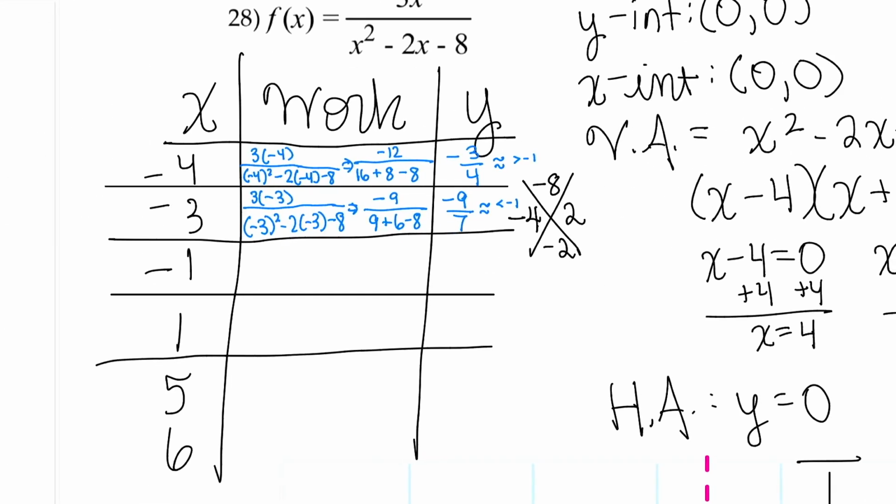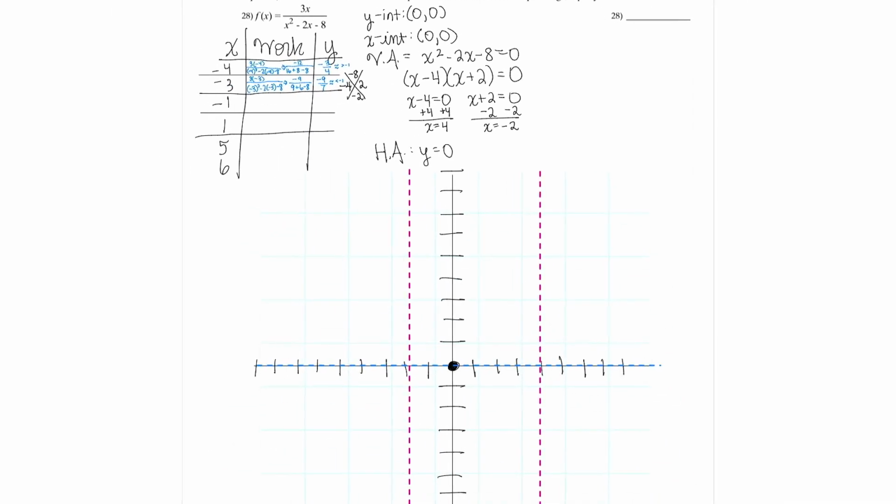Okay, let's go ahead and plot those. So -4, 1, 2, 3, 4, and -3/4 is not quite at our -1. So it's going to be about here. Then we have -3 and a little bit less than -1, which is going to be down a little bit more.